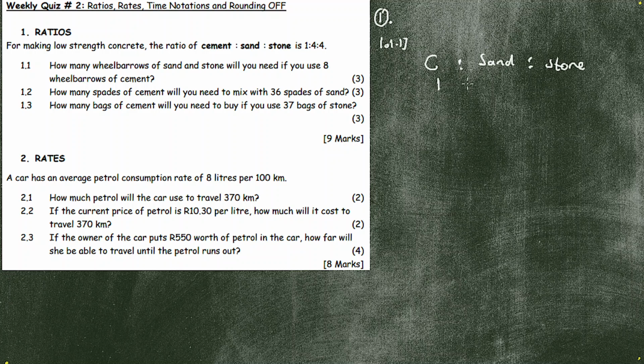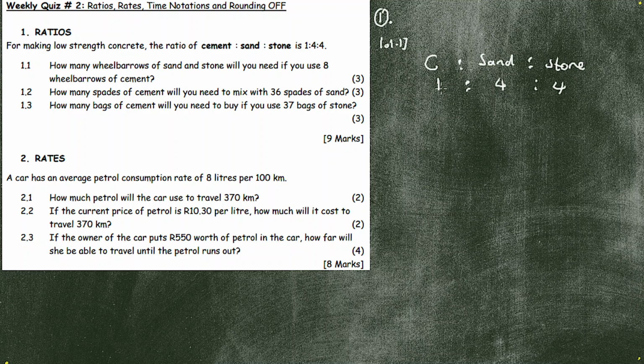The ratio is 1:4:4, right? In class, we did ratios where we only dealt with 2 parts. But on this weekly quiz, I gave you a curveball, a 3-part ratio. So some of these are also examined. It was just good practice for us, guys.